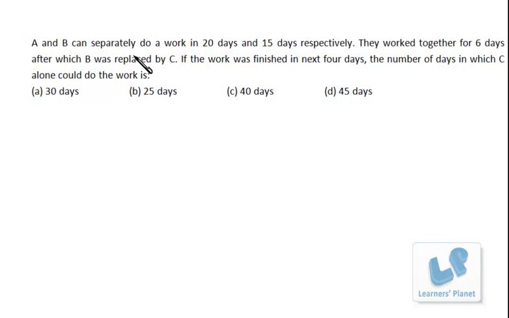First of all, we find out in 6 days how much work is done. So 1 upon 20th work is done by A per day, and 1 upon 15th work will be done by B per day. So in all, per day 7 by 60 work will be done.